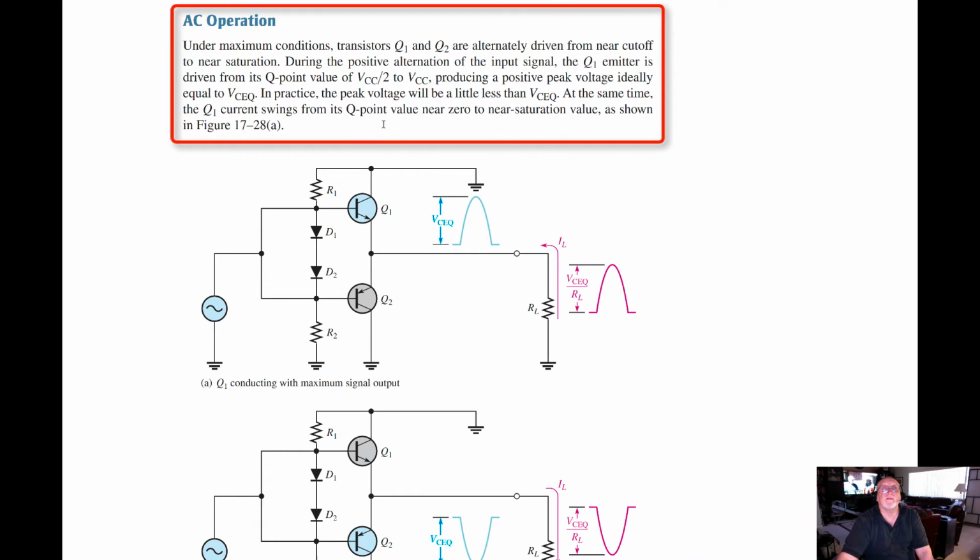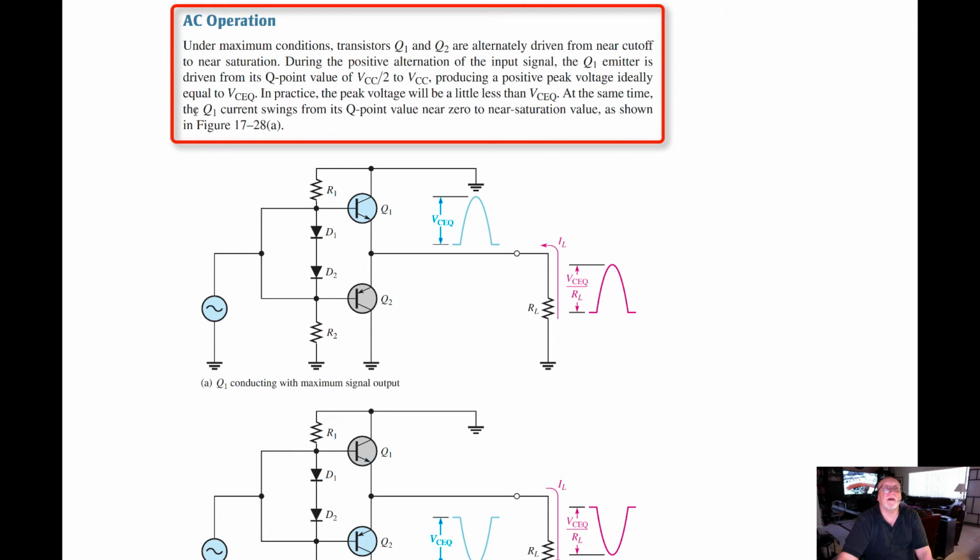So from half the value to the full value of VCC, producing a positive peak voltage ideally equal to VCEQ. In practice, the peak voltage will be a little less than VCEQ.